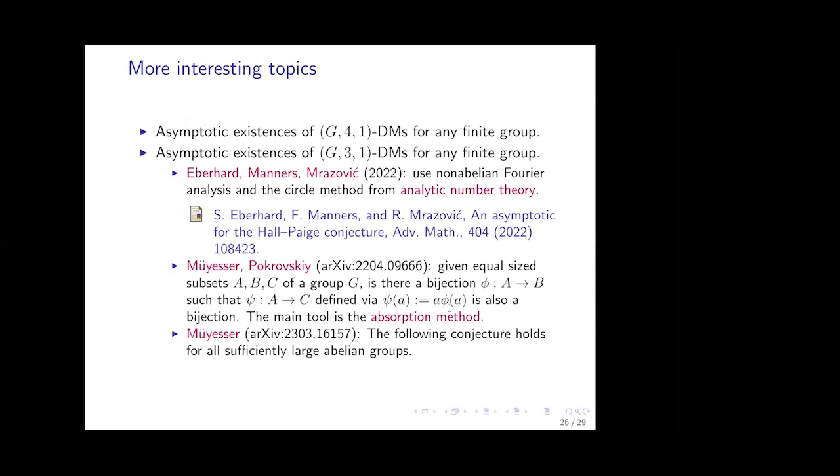I mention this work because I think they are interesting tools in design theory. We know that in recent years there are many asymptotic results, but most of them focus on configurations without algebraic structure.